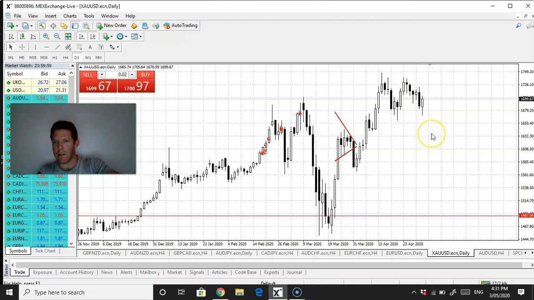That's something to consider. Although in comparison, it's actually been pretty subdued compared to some of these candles, like that candle there, and this candle, this candle. Wow.